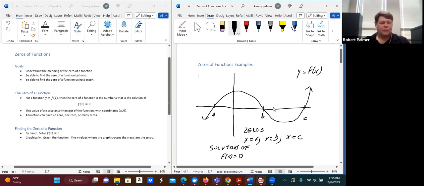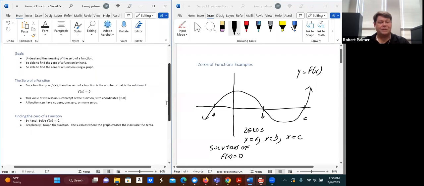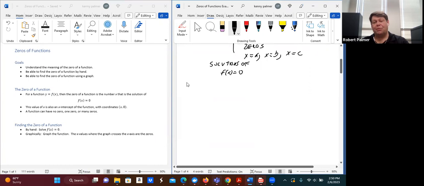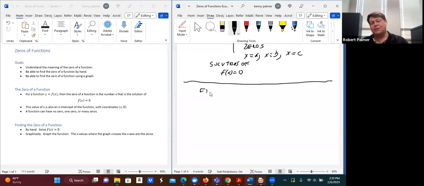Now, let's talk about how to find a zero of a function by hand. By hand, you just start with our function, set it equal to 0, and solve. So here, our directions say to find the zeros. I'll say plural, although there might only be one or even none.